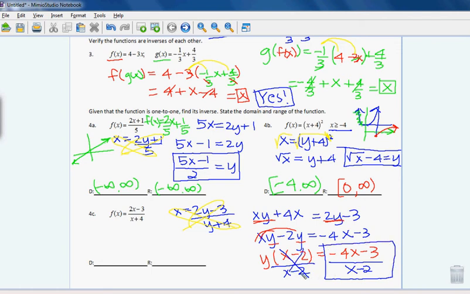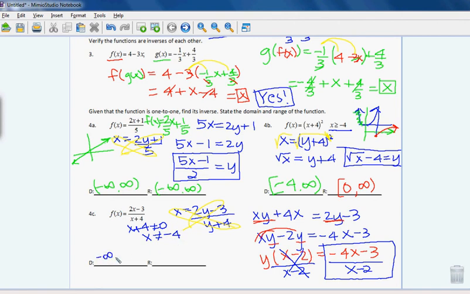Right, so now I need to find the domain of my original function. And in this case, x plus 4 is where I want to look, because if my denominator becomes 0, there will be an asymptote. This will not work out, it will be undefined. So if x plus 4 can't be 0, x cannot be negative 4. Okay, so it can be everything else though.